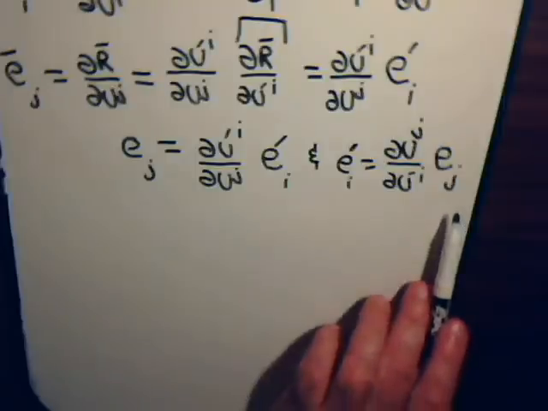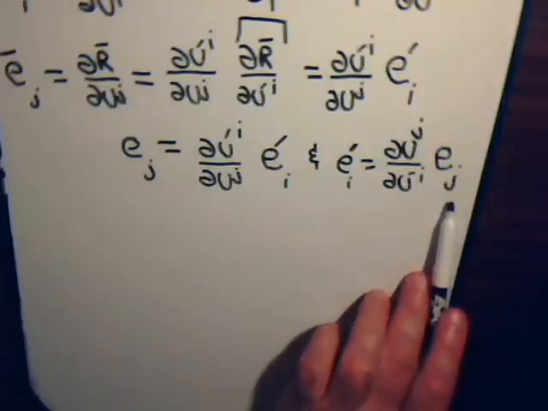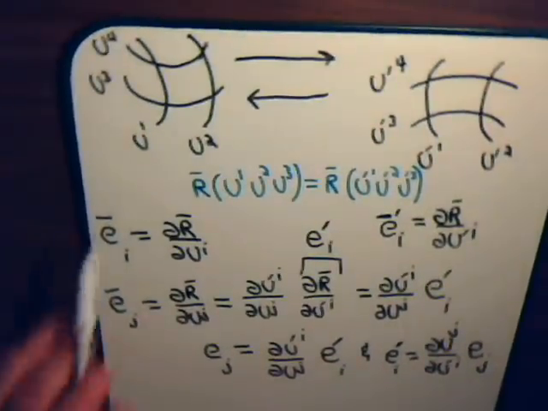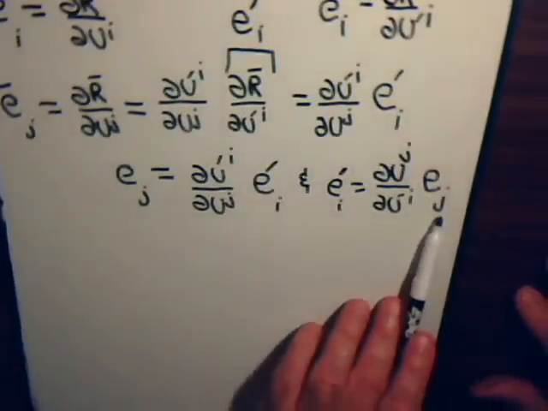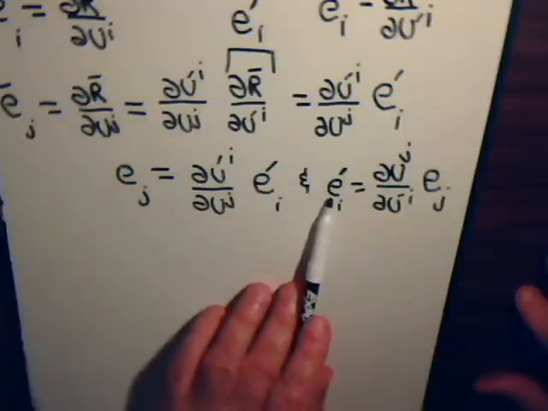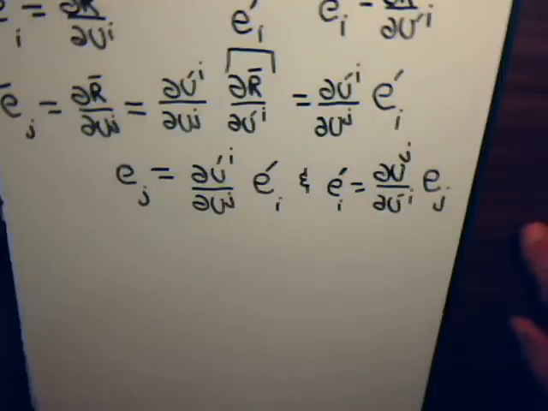So if we know the tangent vector in the unprimed system, that is the u-coordinate system, we'll call this unprimed and this primed now, then we can find it in the prime system.